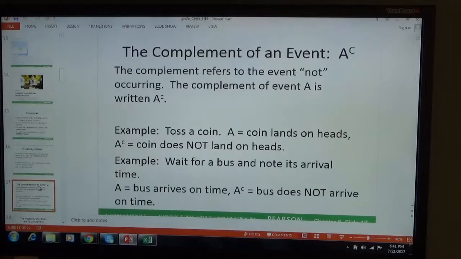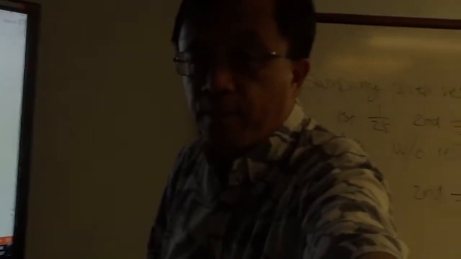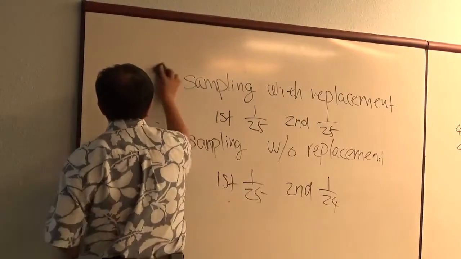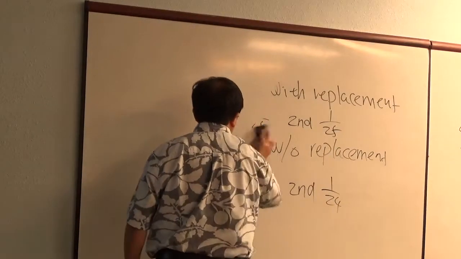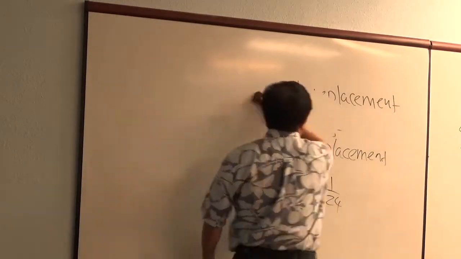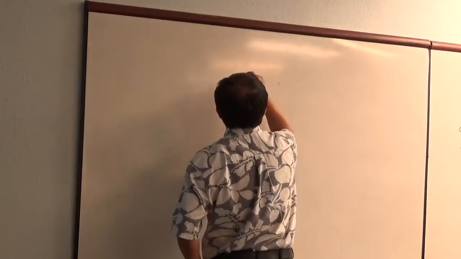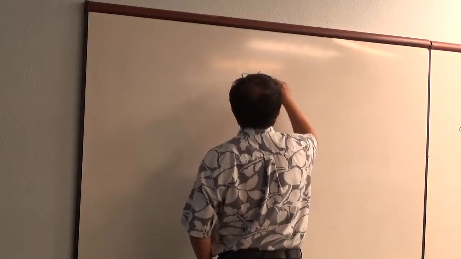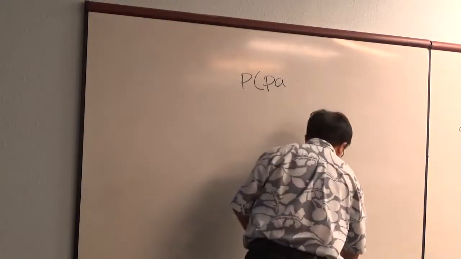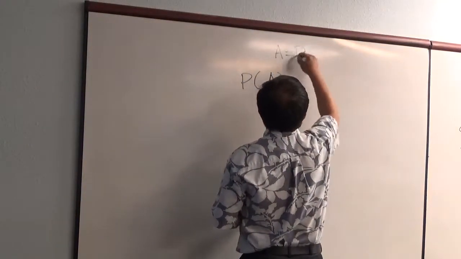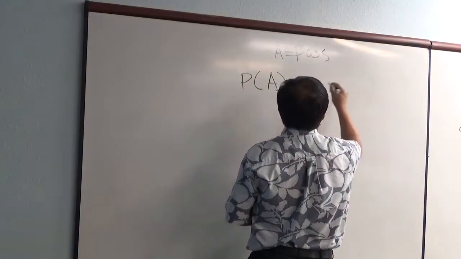So if I tell you the probability of passing this class, let's say I will use A, and A is you pass this class, is 70%.